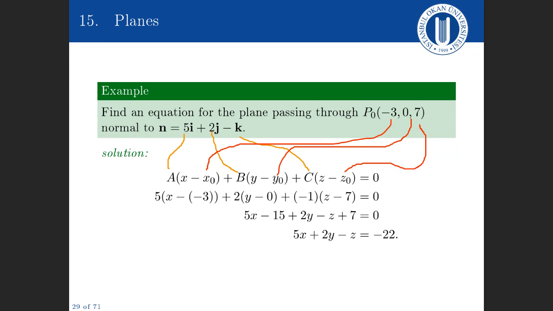So we have 5 multiplied by (x minus minus 3) plus 2 multiplied by (y minus 0) plus minus 1 multiplied by (z minus 7) is equal to 0. If we rearrange this and simplify, we get the standard equation: 5x plus 2y minus z is equal to minus 22.